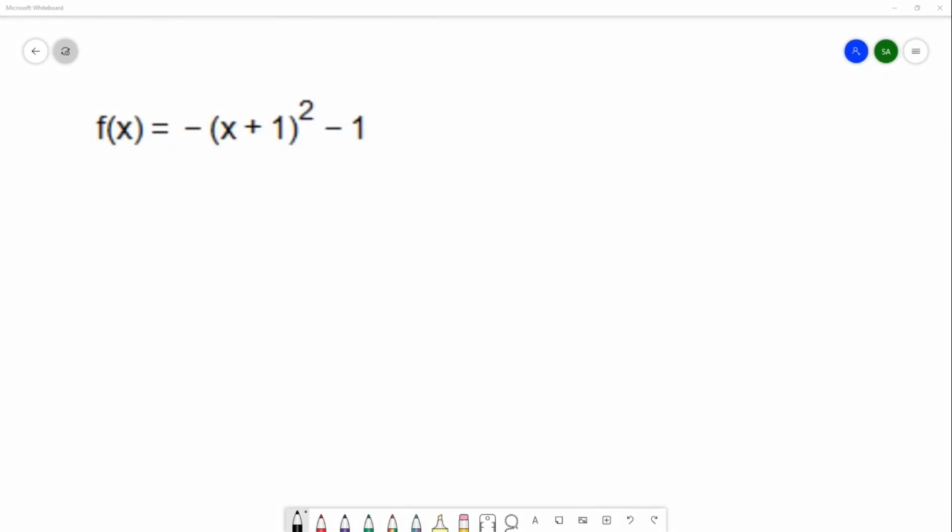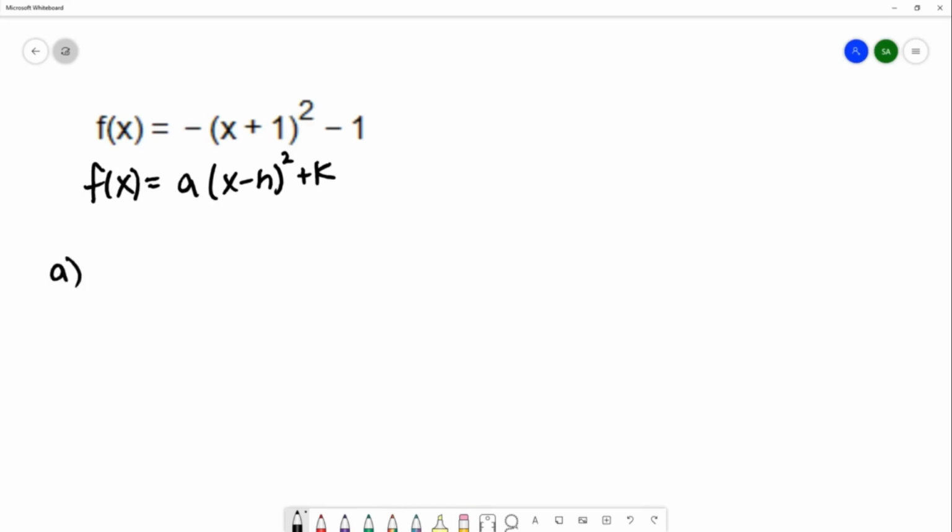From this question, we're given the function f of x equals negative x plus 1 squared minus 1. This is a quadratic function in vertex form. And it's in vertex form because it's fitting this format here, a times x minus h squared plus k. Now, there are three things that I'd like to know about this particular quadratic function.